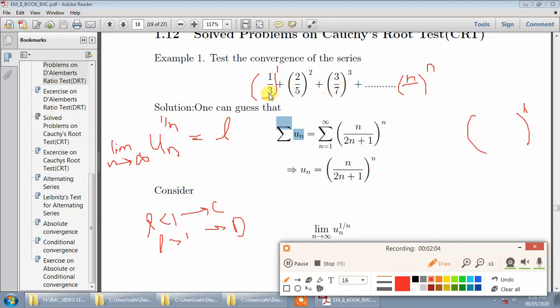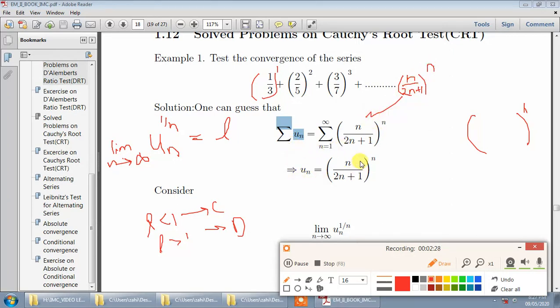So 3 can be written as 2 into 1 plus 1, 5 can be written as 2 into 2 plus 1, and 7 can be written as 2 into 3 plus 1, that is 6 plus 1. So the nth term can be written as 2n plus 1. Raised to n is already there.